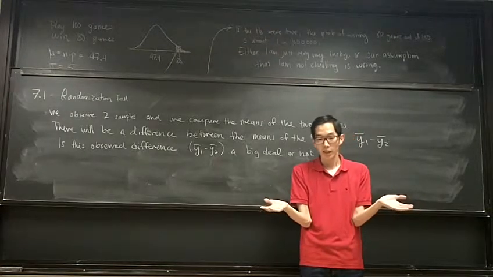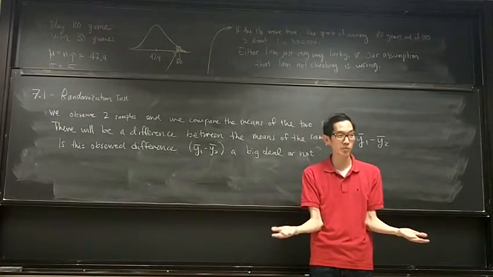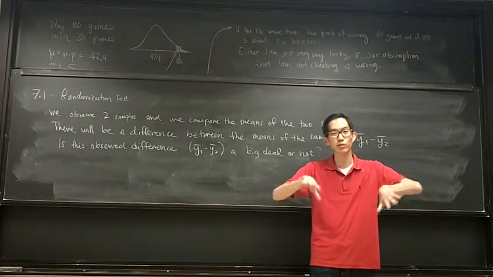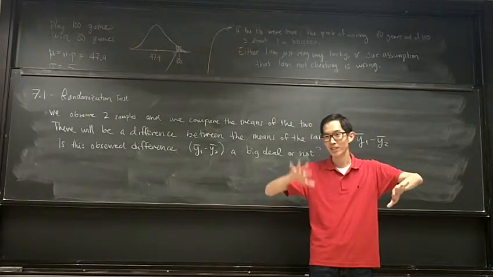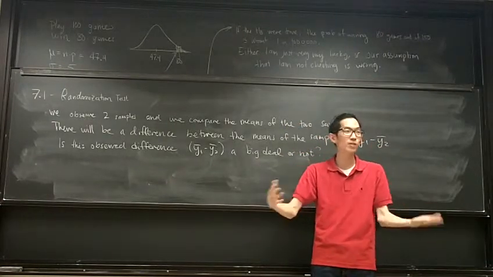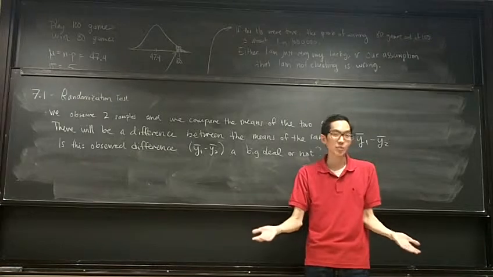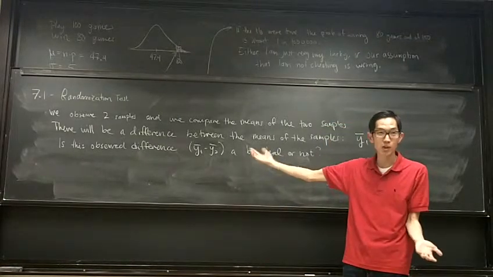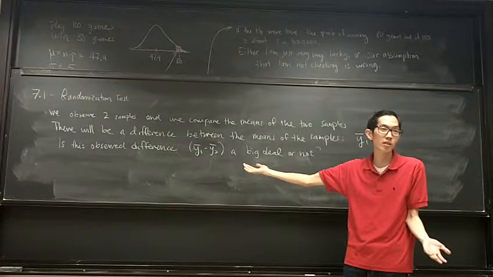If I do this a whole bunch of times, or figure out every single possible arrangement of putting 10 into pile 1 and 10 into pile 2, I could figure out whether the observed difference we got is something unusual or something mundane.